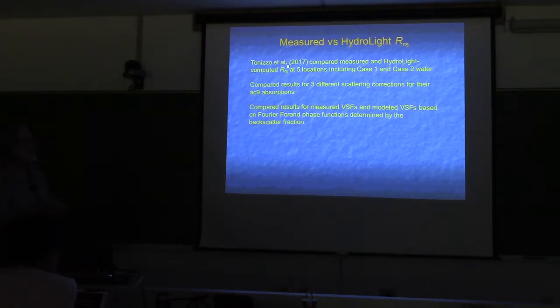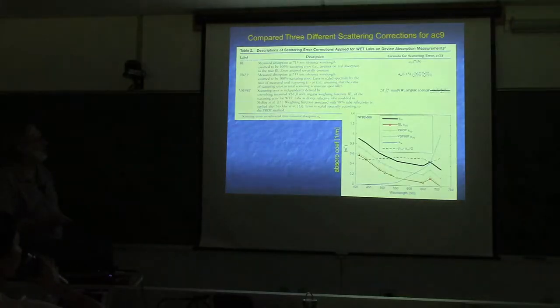So they have a paper that just recently came out. They compared measured Hydrolite and RRSs at 5 locations, case 1 and case 2 water. They did 3 different kinds of scattering corrections for their AC9. They had measured VSFs, and then they modeled them using Hydrolite's Fournier-Forand thing, compared all of that stuff to see how it all added up.